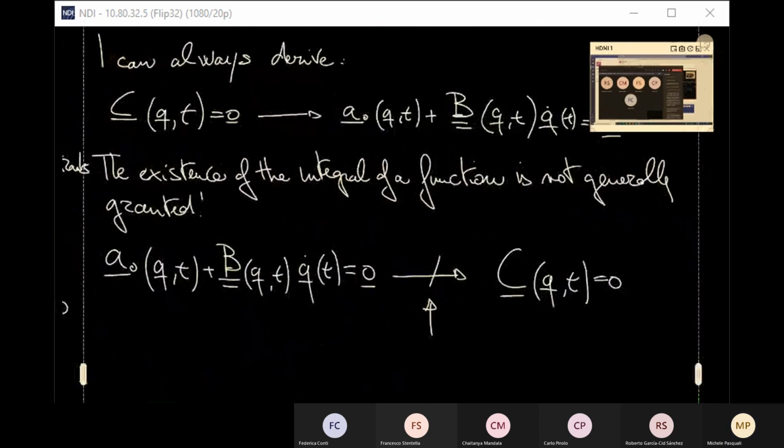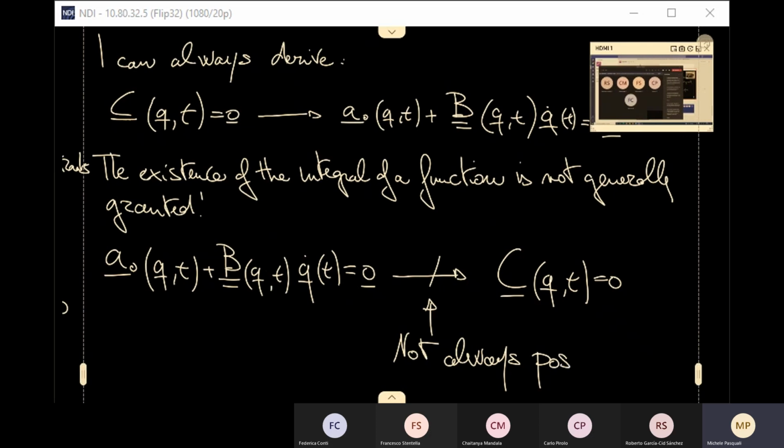This is a very important classification, and today we'll try to see why it's so relevant, because this will somehow really influence deeply the formulation of the equations of motion for these two kinds of constraints. So this is not always possible.